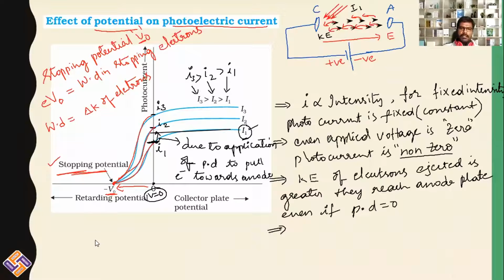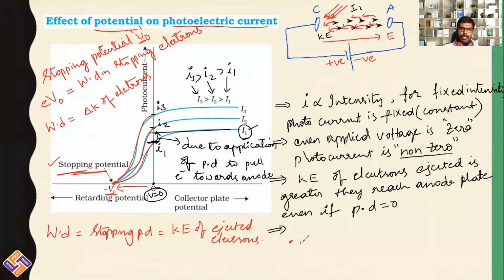Therefore, work done, or stopping potential, is equal to the kinetic energy of ejected electrons.